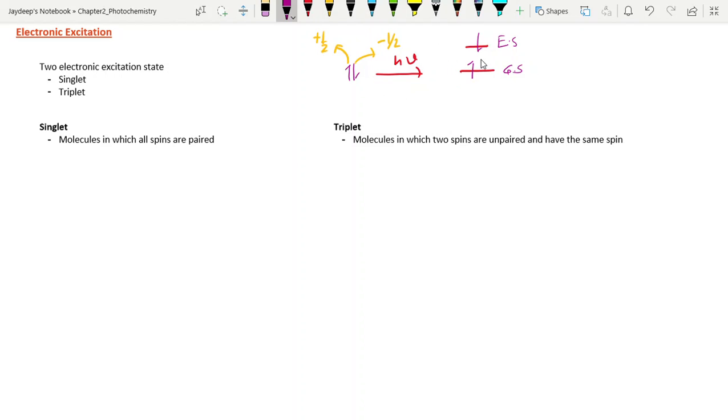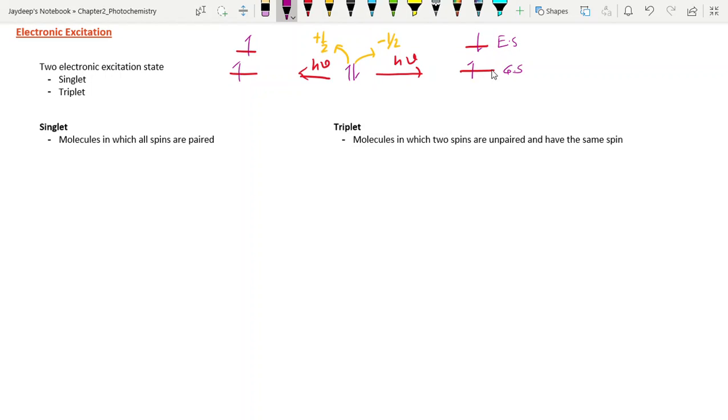After excitation, it shows one electron in the upward direction and another in the downward direction. So this is the first kind of excitation. Now let us consider the second excitation. One electron will be in the upward direction, and the other electron flips its spin and becomes upward.